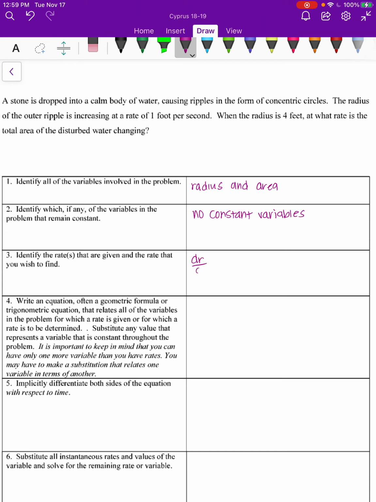What rates do they give us? They tell us dr/dt. They tell us the rate at which the radius is increasing, and it's 1 foot per second. And then they're asking me to find dA/dt.